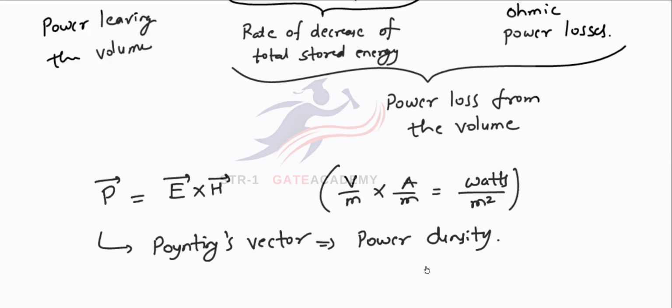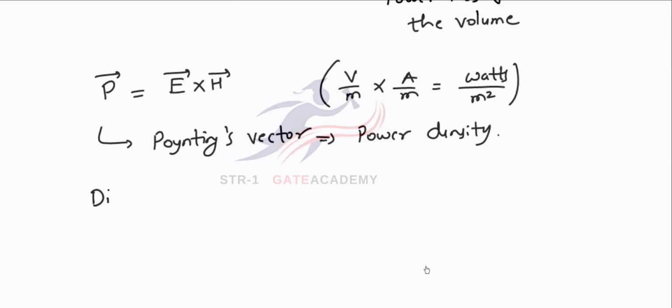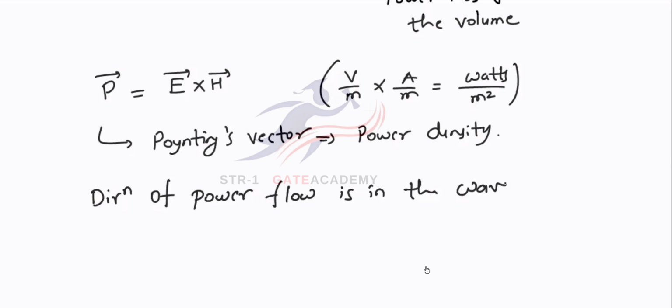So the direction of power flow is in the wave direction. This is quite obvious, because the direction in which wave will travel, power must be in the same direction.